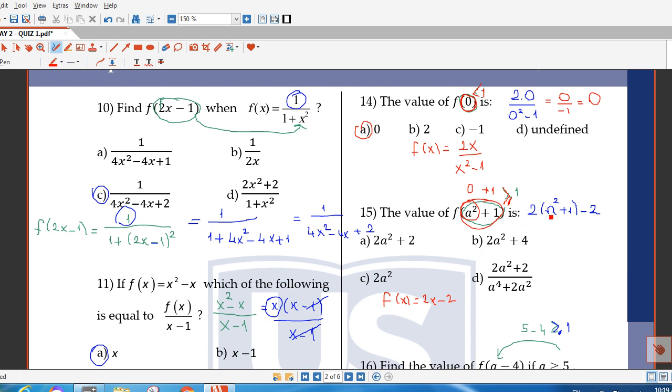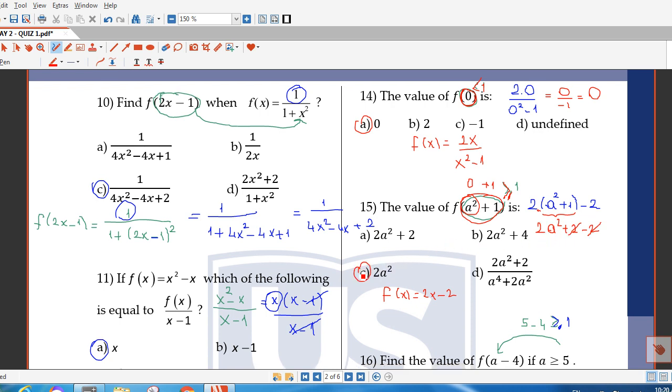So instead of x, a squared plus 1 will be written: twice of a squared plus 1 minus 2. If I multiply each term by 2, 2a to the power of 2 plus 2 minus 2, plus 2 and minus 2 will be 0. 2a squared will be the answer.